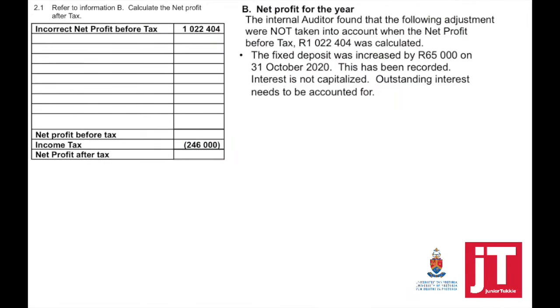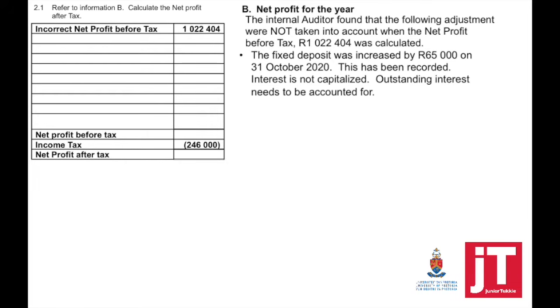If we look at the first adjustment, the fixed deposit was increased by 65,000 on 31 October 2020. This has been recorded. Interest is not capitalized. Outstanding interest needs to be accounted for.